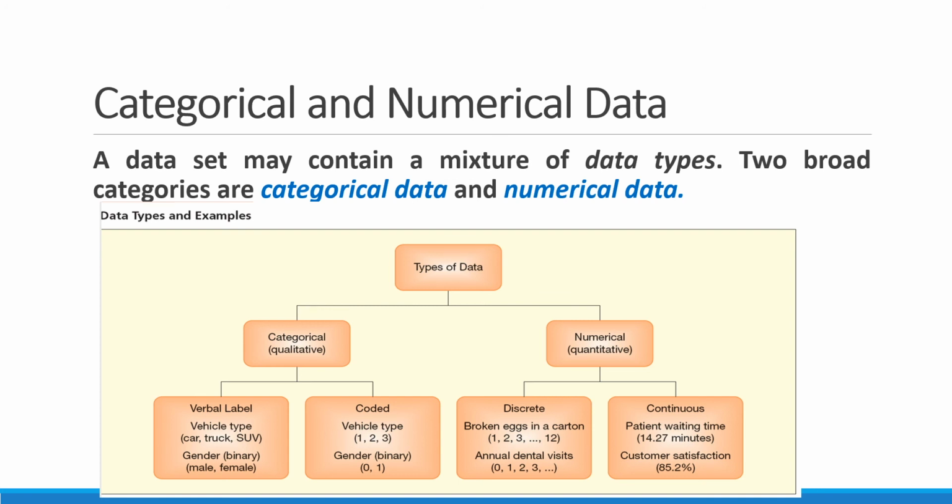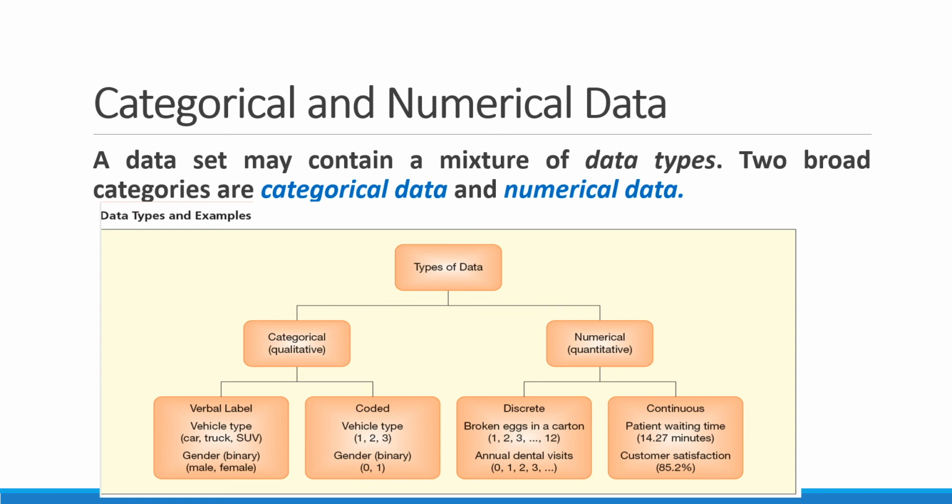So examples of discrete data may be the number of students registered in a specific course, or the number of infected people with a specific disease, or number of sold cars, or number of visits to your doctor.